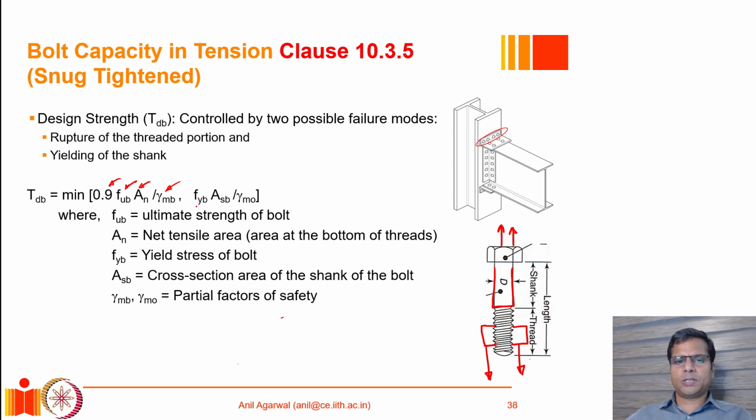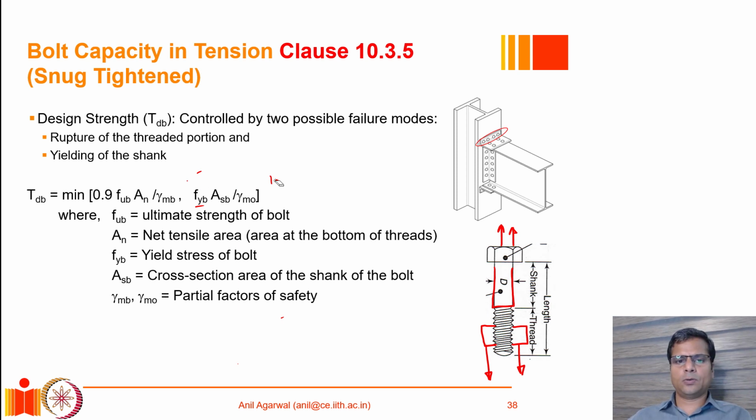The other limit state is Fyb, which is yield stress, multiplied by Asb, which is the entire gross cross section area of the shank, divided by gamma m0, which has a smaller value. That means the factor of safety is smaller, 1.1, whereas this value is 1.25. So concept wise, the bolt in tension has very similar limit states as a plate in tension.